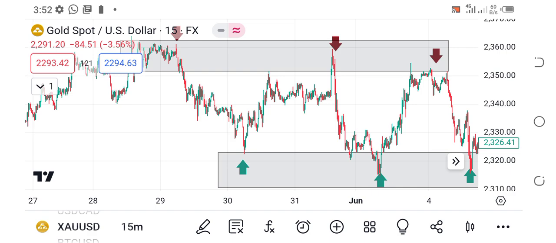No, before you trade, you need to wait for price to touch that resistance level at least 2 times, or touch that support level at least 2 times, before it becomes a strong support and resistance level. Price has to touch that level at least 2 times.